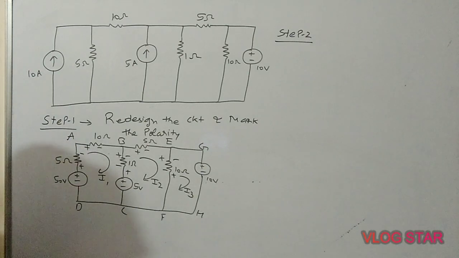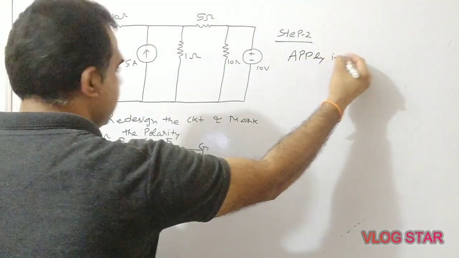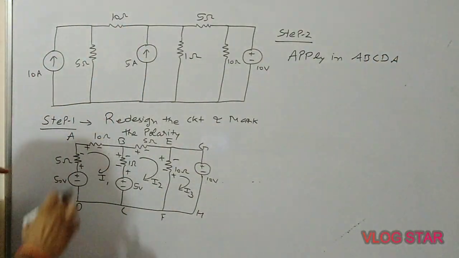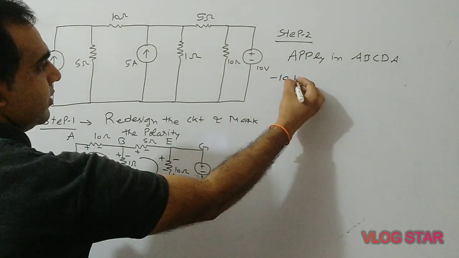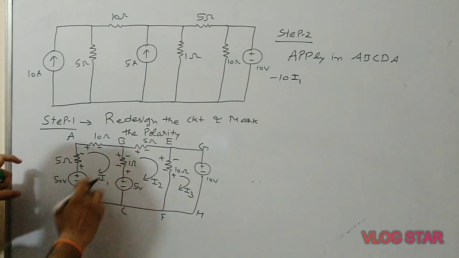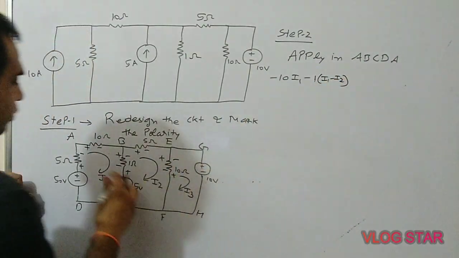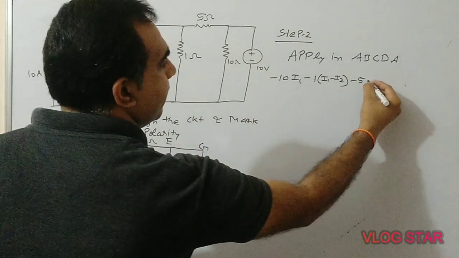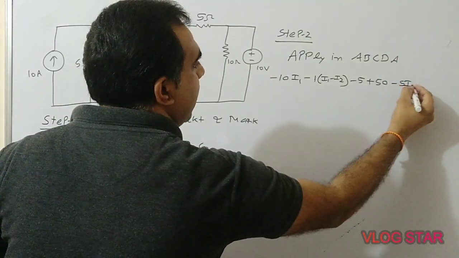now in this case write the mesh equations or KVL equations. Apply in A, B, C, D, A, correct. Now plus minus, minus 10 I1, plus minus, minus 1 times I1 minus I2, plus minus, minus 5, plus 50, plus minus, minus 5 I1 equal to 0.